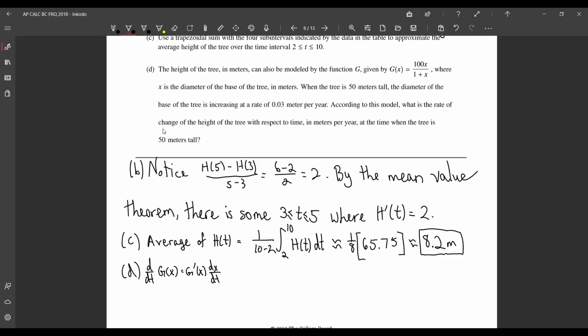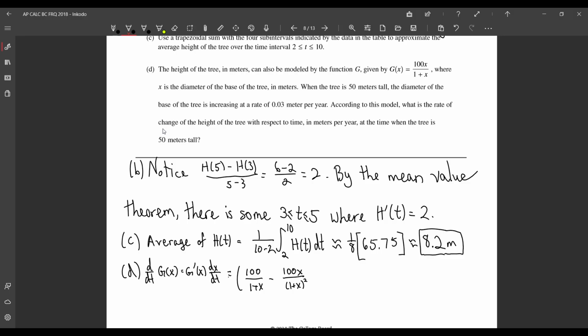and we know, well, I'm just going to compute this out first. So g prime of x is going to be 100 over 1 plus x minus 100x over (1 plus x) squared.